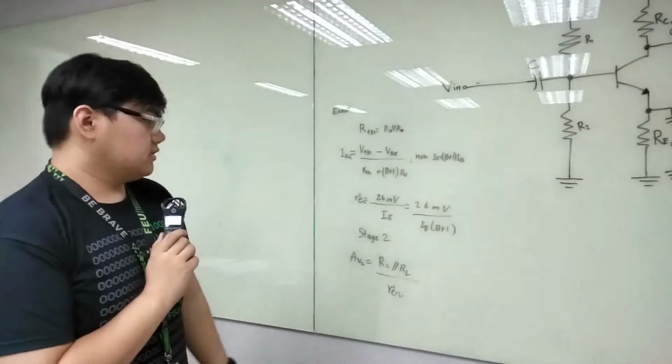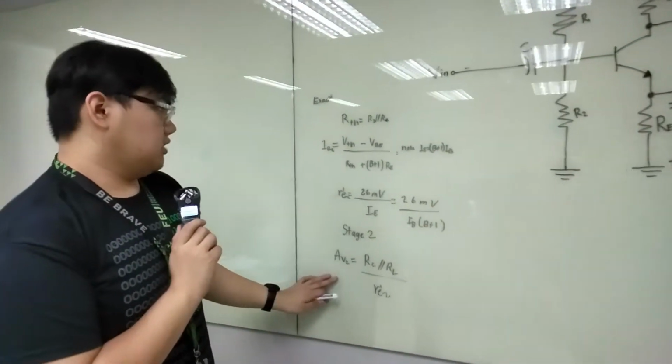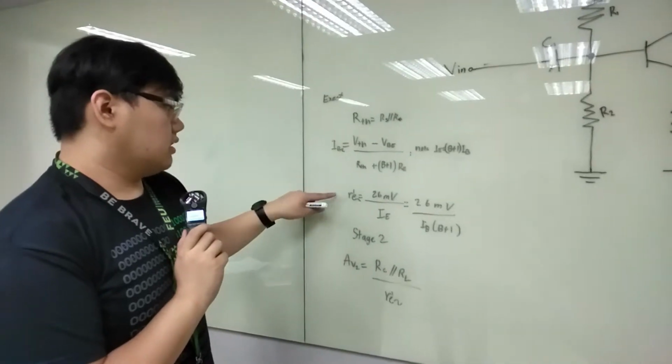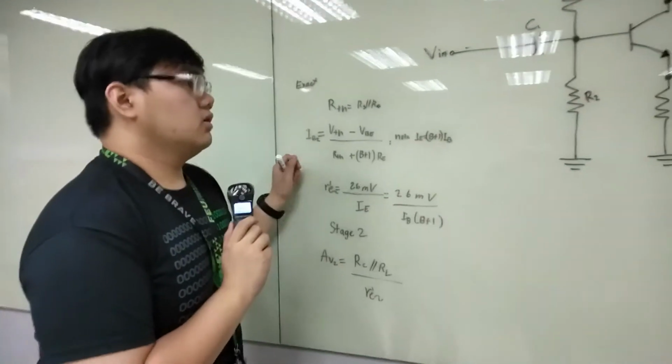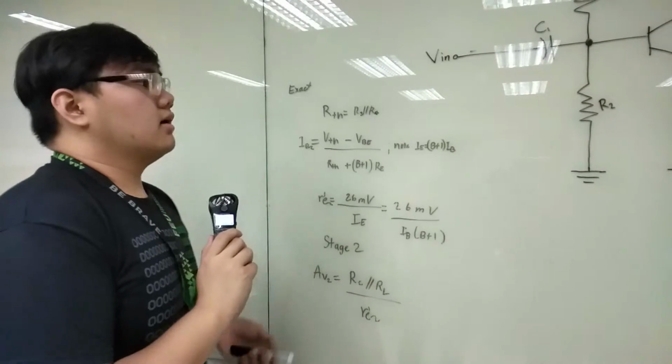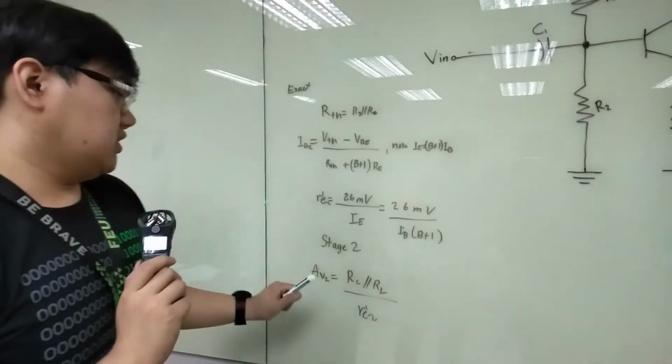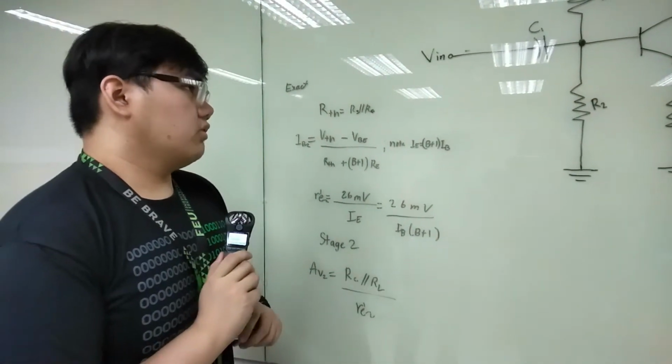Now that we have solved the voltage gain in stage 2 and the R prime E of stage 2, we're now able to take the voltage gain in stage 1 of the circuit.